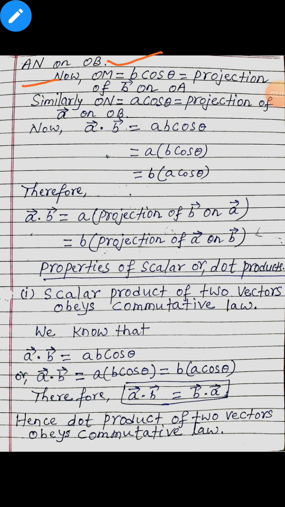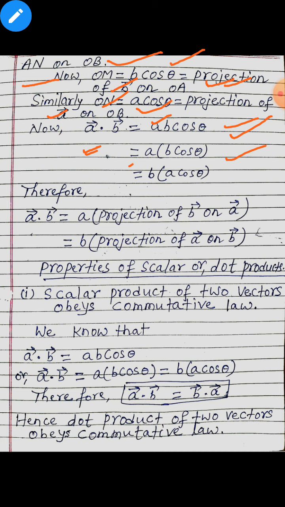AN on OB. Now OM equal to B cos theta, equal to projection of B vector on OA vector. Similarly, ON is equal to A cos theta, which is the projection of A vector on OB. Now, A vector dot B vector equal to AB cos theta is equal to A within bracket B cos theta.